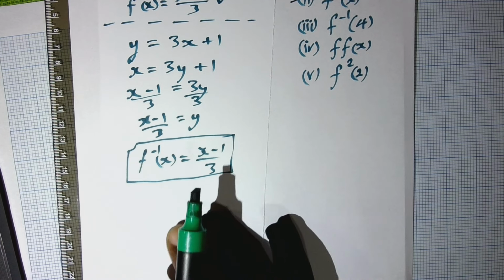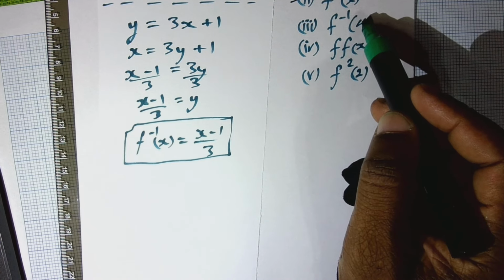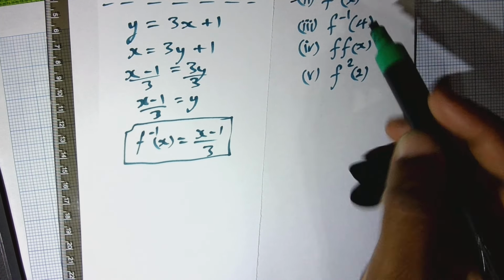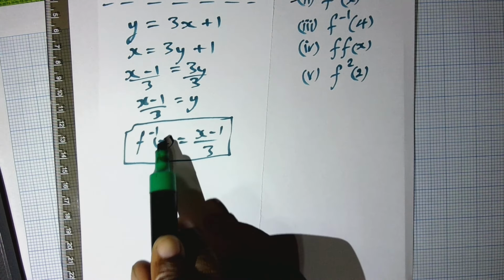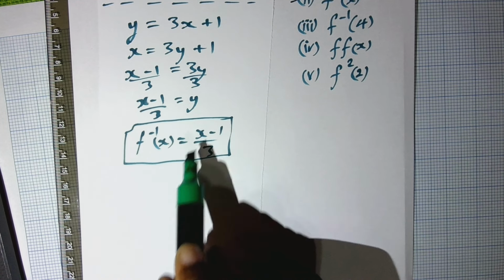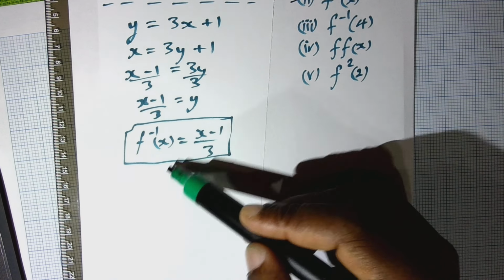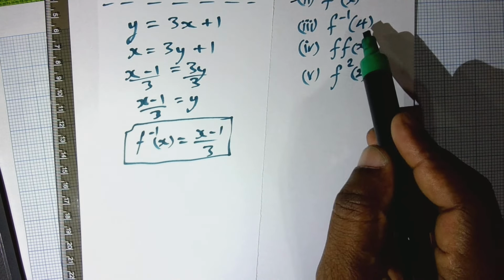Which is to find the f inverse of 4, or inverse of f of 4. So since we have a function for the inverse, where x will now be our input, we can replace this x now with the 4, the input value.